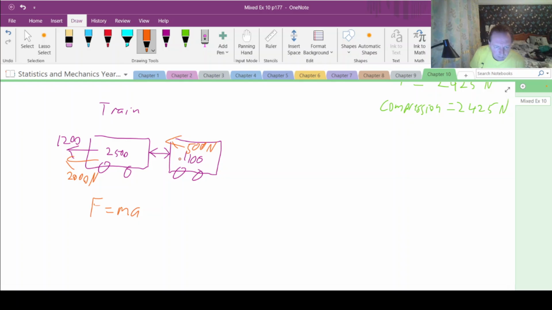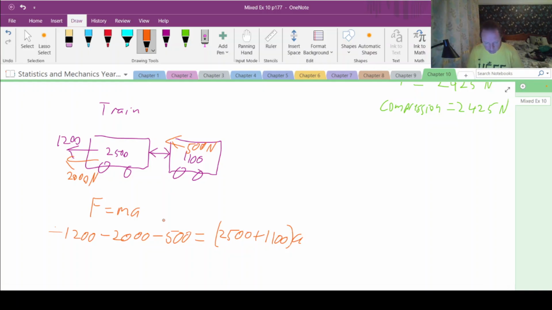So we can do F equals ma as the whole system, so it's going to be minus 1,200, minus 2,000, minus 500 for all of the forces is equal to the mass, 2,500, plus the 1,100, times a. That's going to give us an acceleration which will be negative, but that's correct because it's a deceleration, which we can then use.